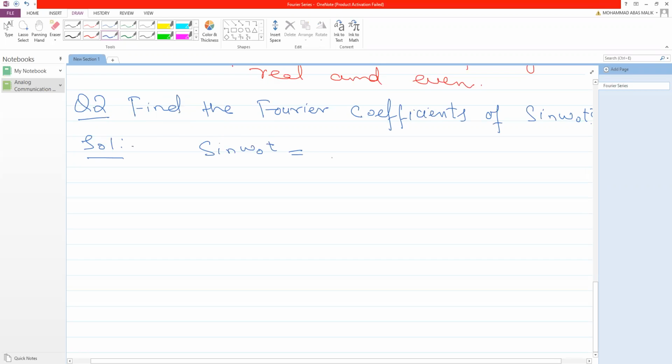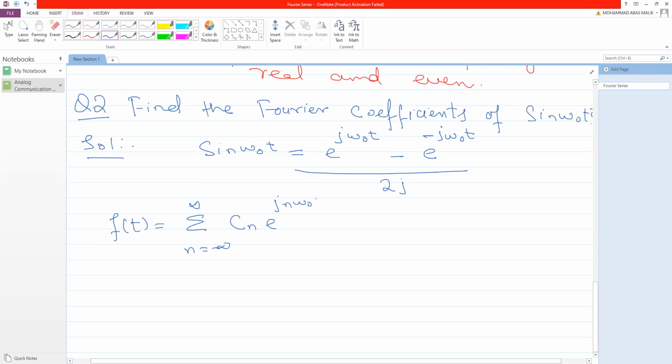Can anybody write this in terms of Euler's formula? e raised to power j omega naught t minus e raised to power minus j omega naught t, divided by 2j. But we know that f of t in terms of Fourier series is equal to the summation of n from minus infinity to infinity of Cn e raised to power j n omega naught t.